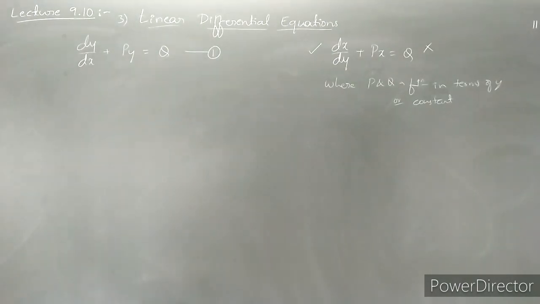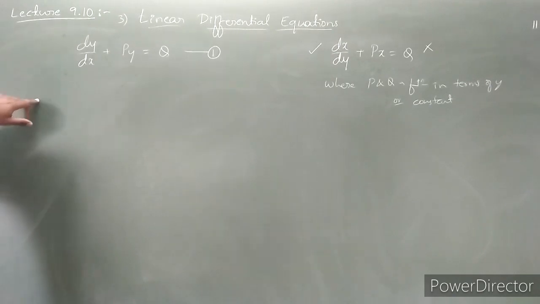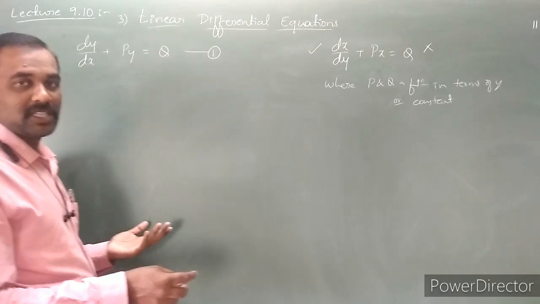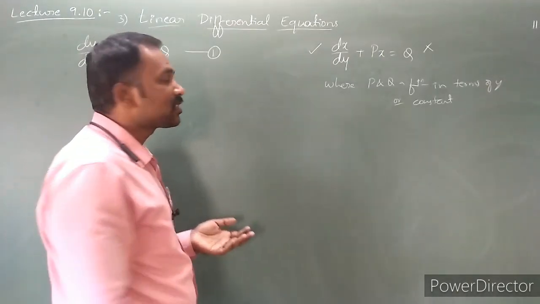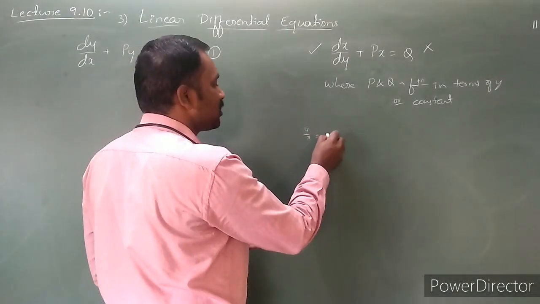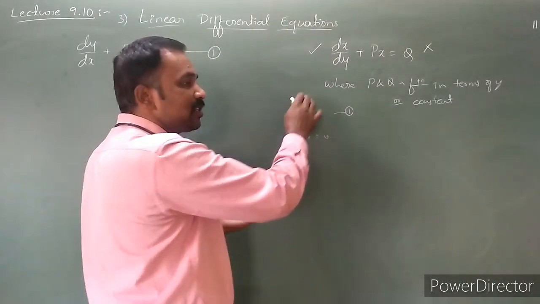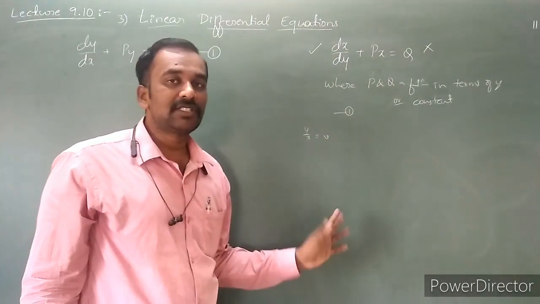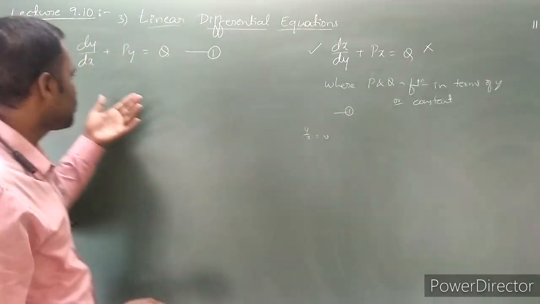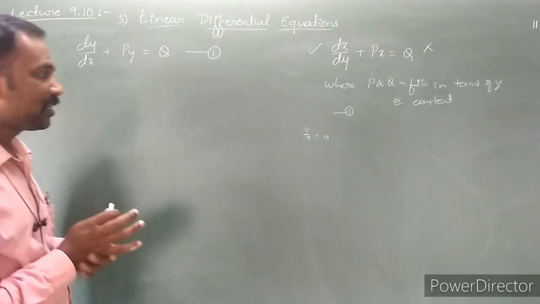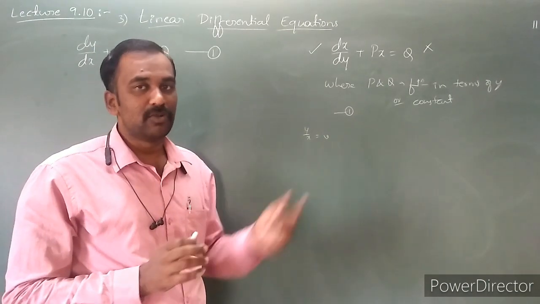As you did previously with the variable separable method and the homogeneous method, a little different is that in the homogeneous method we put y by x is equal to v, differentiate, then replace the dy by dx value in the original equation, evaluate, and get the required solution. Here also we have to do the same thing, but this process is a little bit difficult. It is not as easy as the homogeneous method.